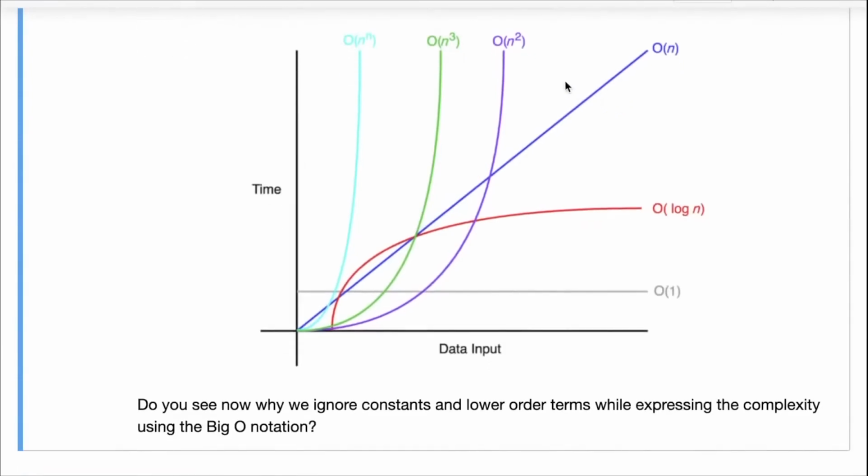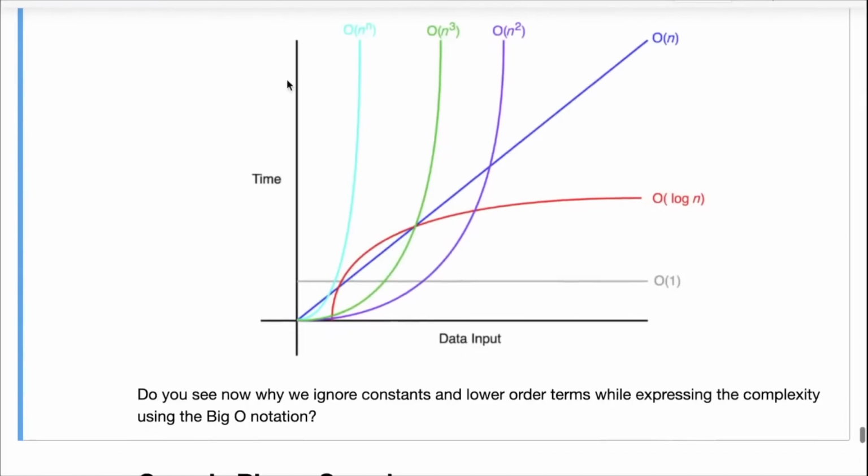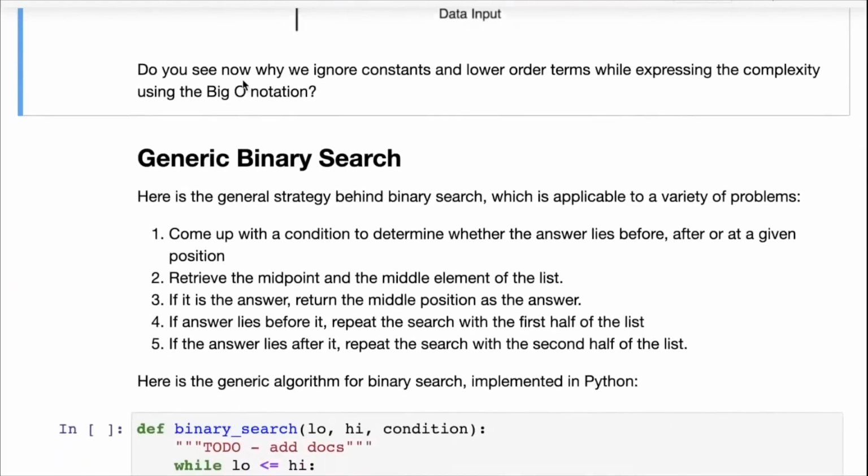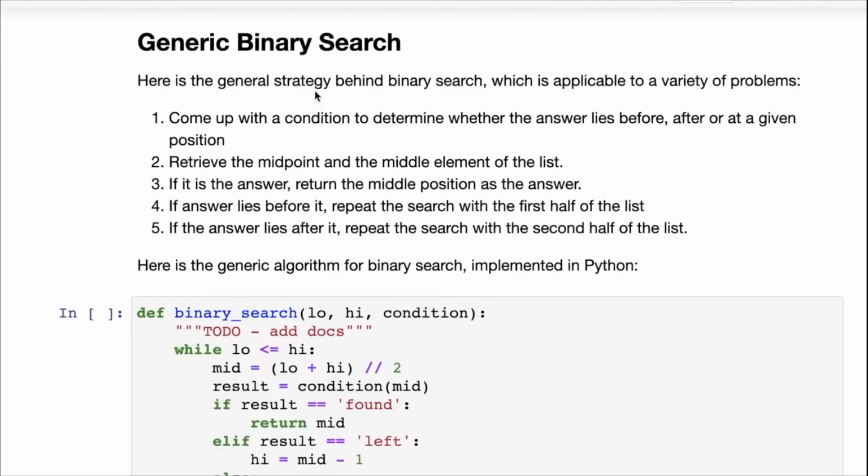In fact, a lot of questions in coding assessments and coding interviews tend to be taking algorithms which would have n square complexity in a brute force approach and optimizing them either to order n or to order n log n. So we'll discuss all of this. Don't worry if this doesn't make sense just yet. But I hope you see now why we ignore constants and lower order terms while expressing the complexity in the big O notation.